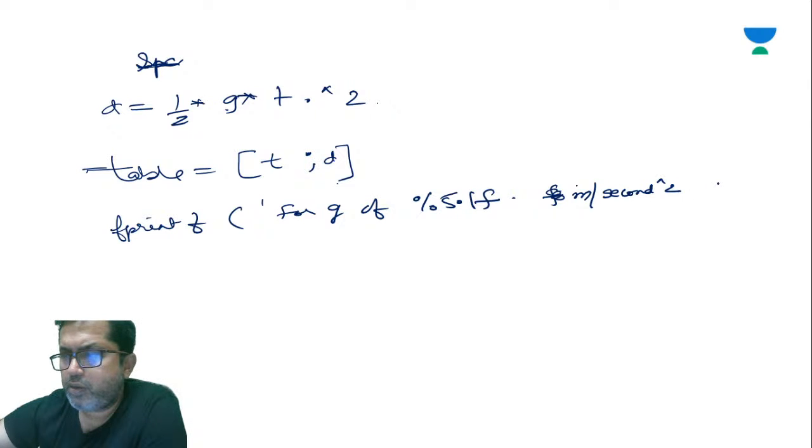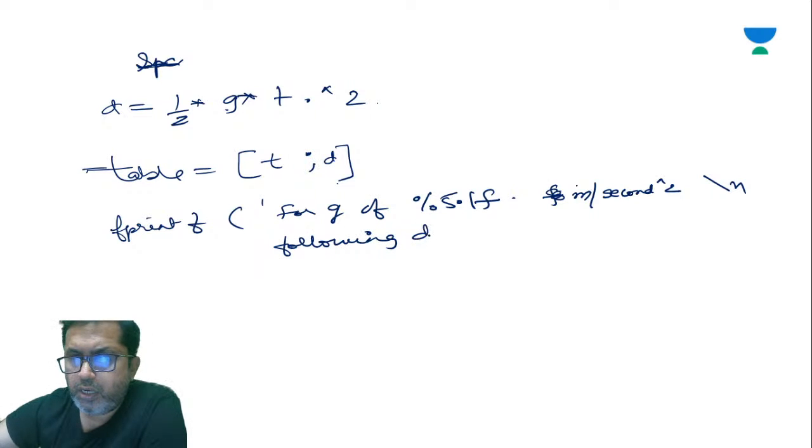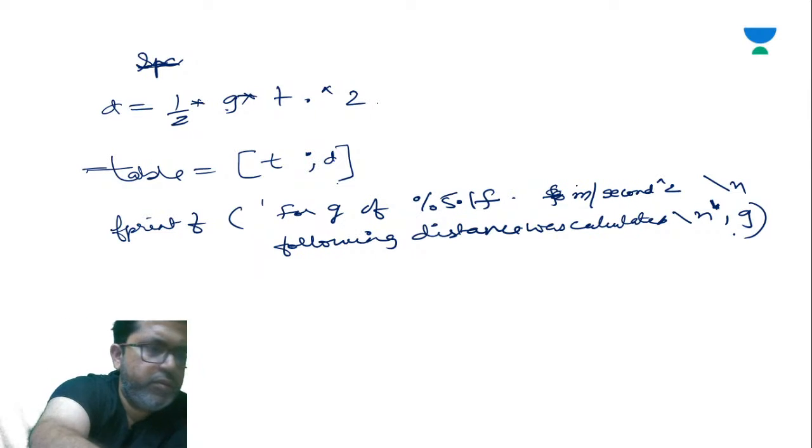Then backslash n, following distance was calculated, backslash n, quote close, then comma g, like that.